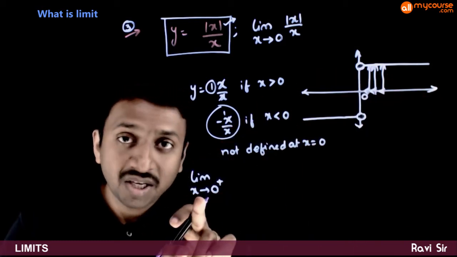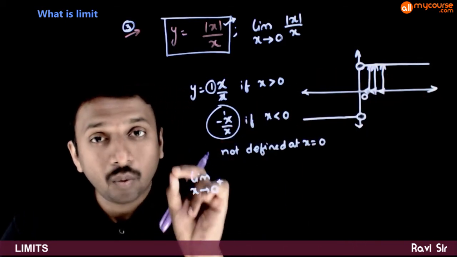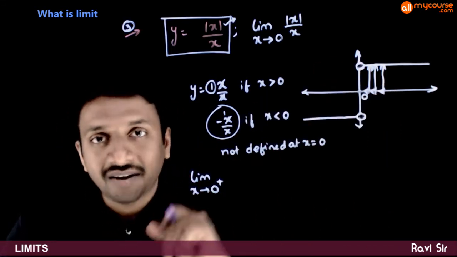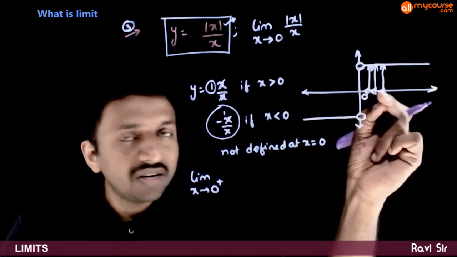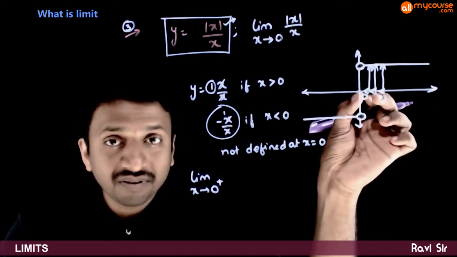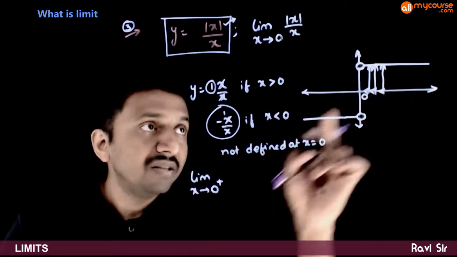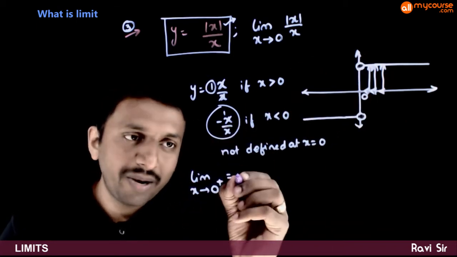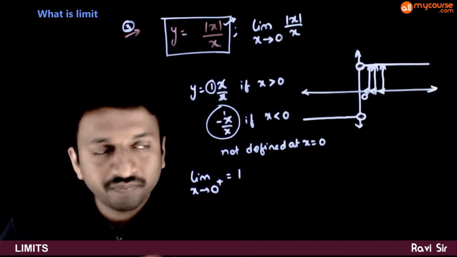As x tends to 0, you don't need to find what is happening exactly at 0. Exactly at 0 it is undefined, but within the positive neighborhood of 0, the functional value is equal to 1. So limit x tends to 0 plus f of x is equal to 1.